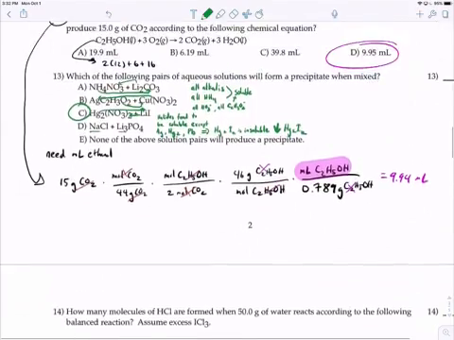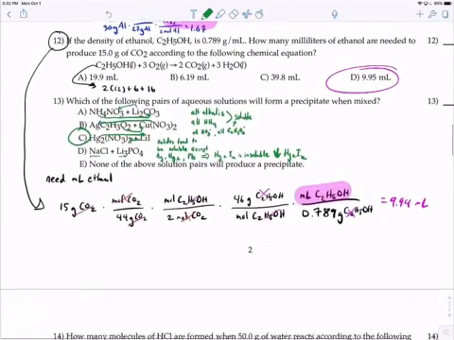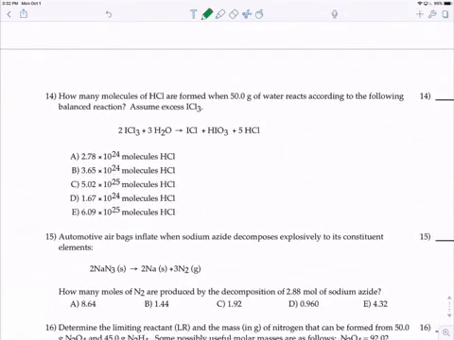All right, so questions with 13? Nope. 14. How many molecules of hydrochloric acid are formed when 50 grams of water reacts in the following balanced equation? Assume excess.